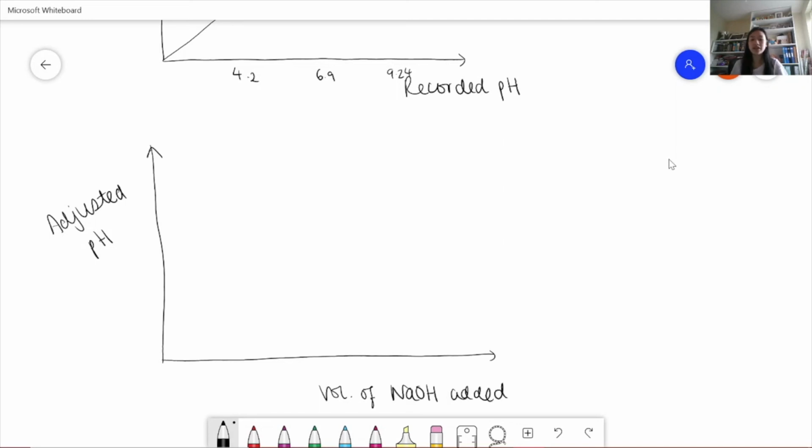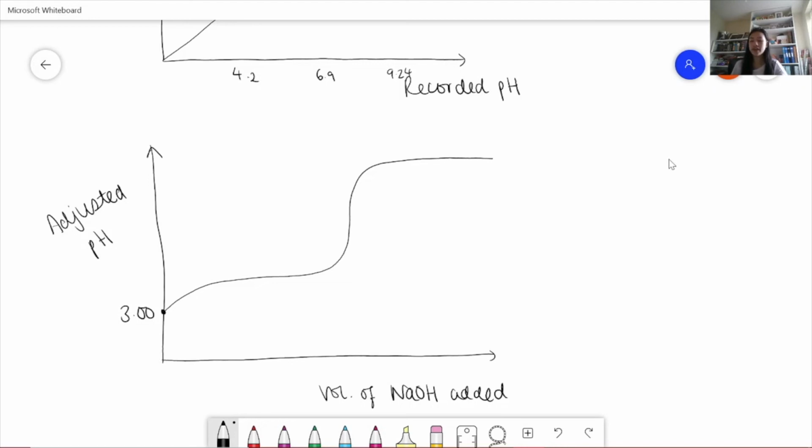And your curve should look something like this. So it should start off as an acid, so maybe around 3, and then it should be a slow rise, and then we have a straight line here, and then it levels off at the top.